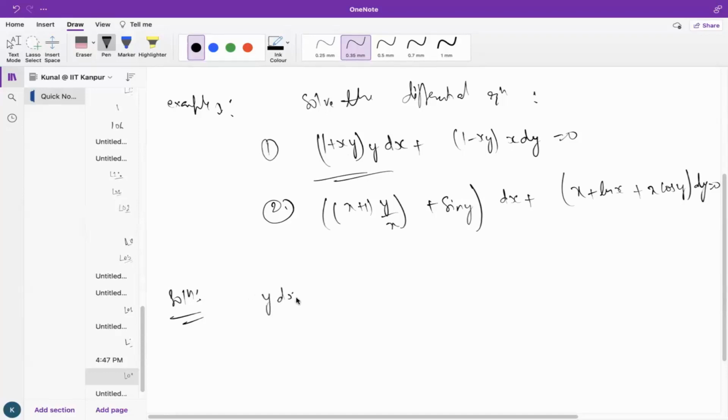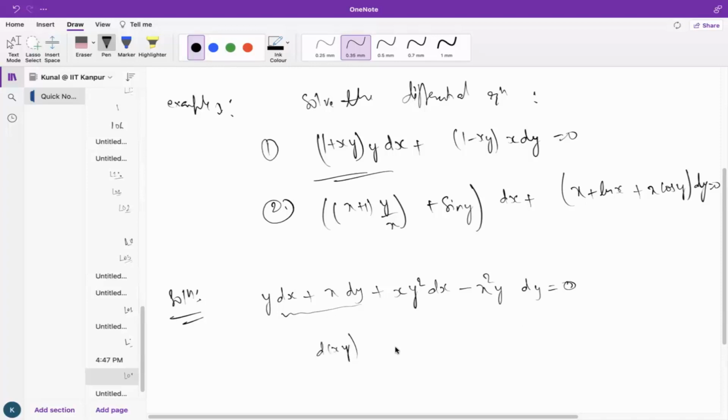So here we get y dx plus x dy plus x y square dx. And here we will get minus x square y dy is equal to 0. And we all know that this whole term we can write as d of xy.